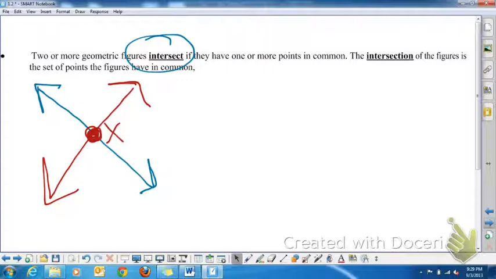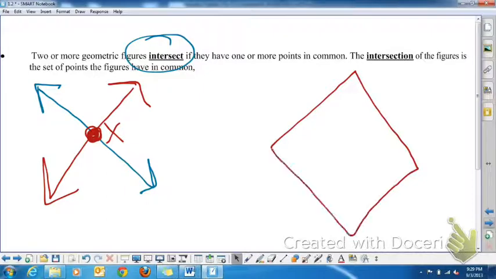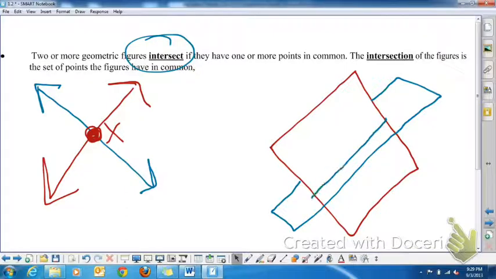Two planes intersect at a line. So their intersection is here, like a wall and a ceiling meet, or where two walls meet in a corner. That's like two planes meeting at a line.